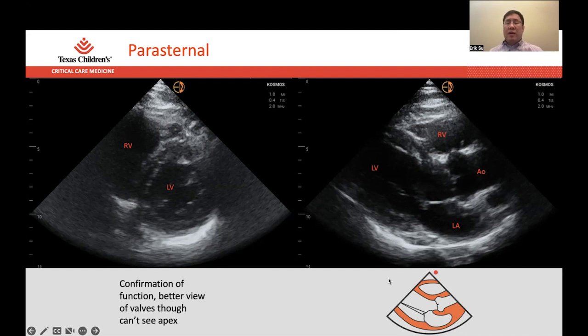Then you can rotate the probe 90 degrees counterclockwise, align the probe with the major axis of the heart, and then fan to try to see the whole left heart in continuity from the left atrium to the mitral valve to the LV, out the aortic outflow tract and so forth.